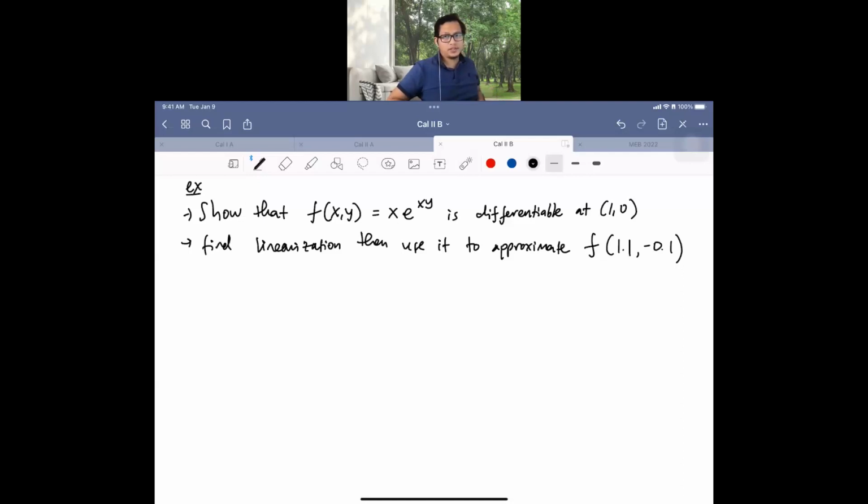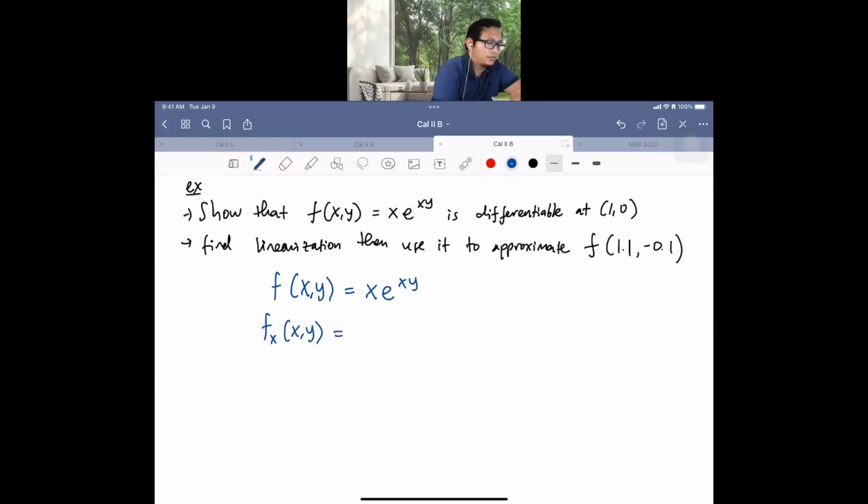First, what we are going to do is evaluate partial x and partial y. So this is the function. We differentiate with respect to x, so partial x. Using the product rule, there are two functions, x and e to the xy, and y is treated as a constant.